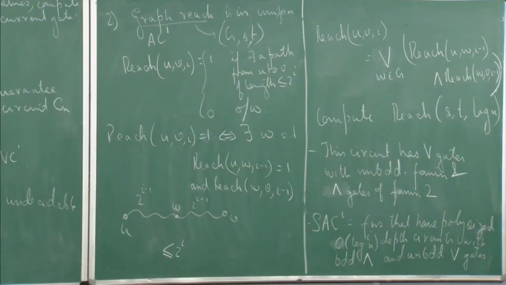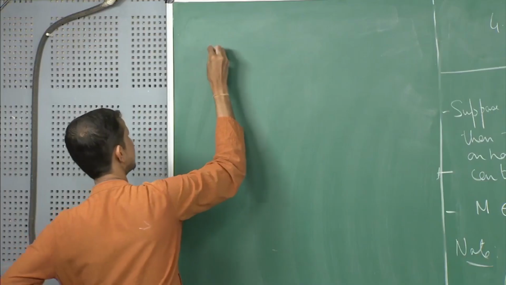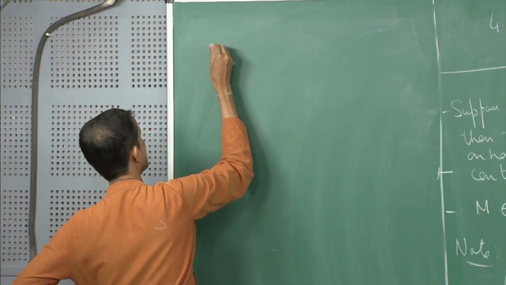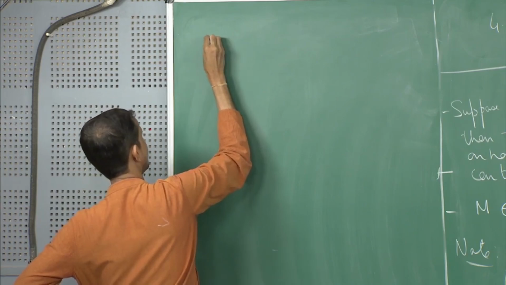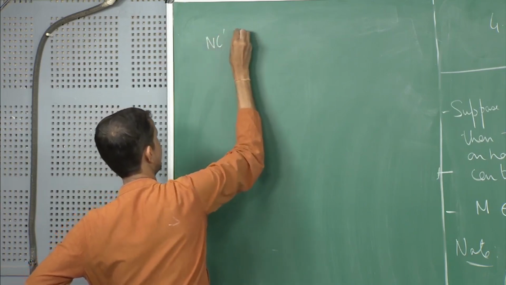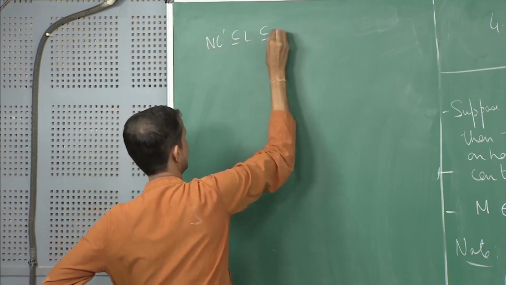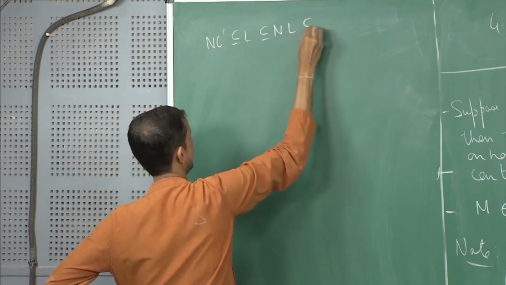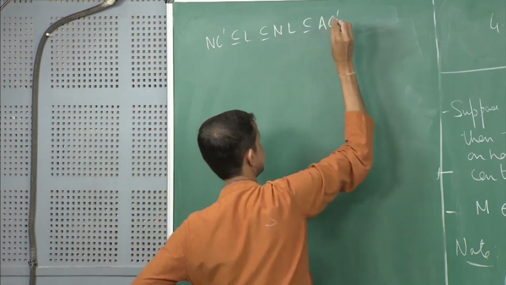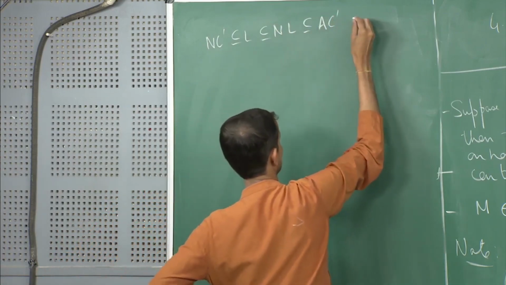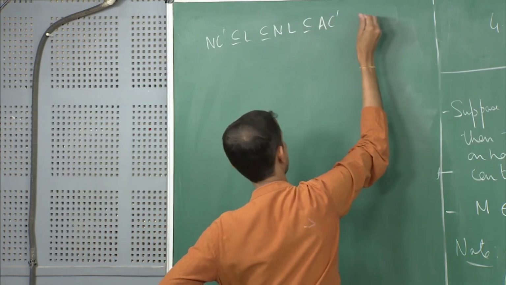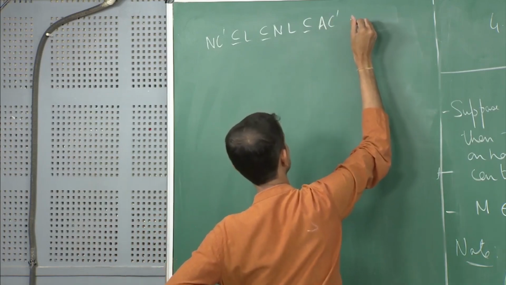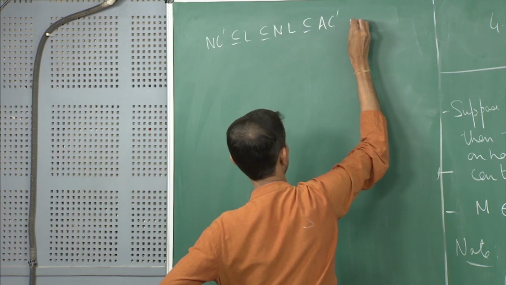Okay. So, this completes the proof of this theorem. So, what do we have here? What we have here is that NC1 is in L, which is in NL, which is in AC1, and so on.